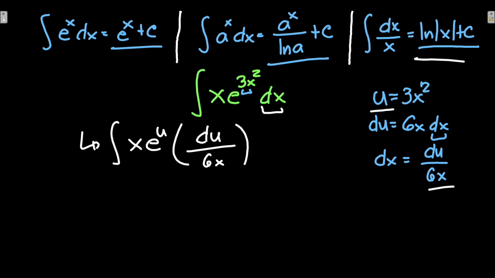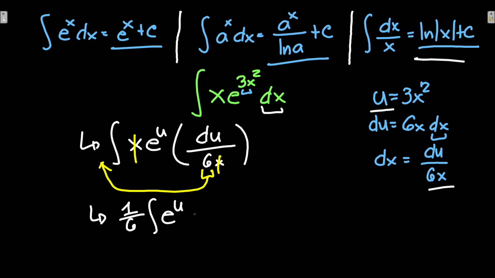You can actually see here that it will be simplified because x and x will cancel. And so you are left with 6, and you can put this outside the integral, which makes this 1 over 6 integral of e to the power of u du.